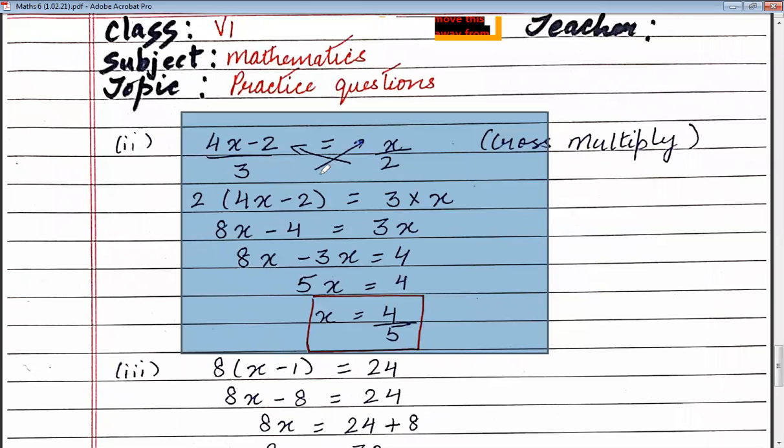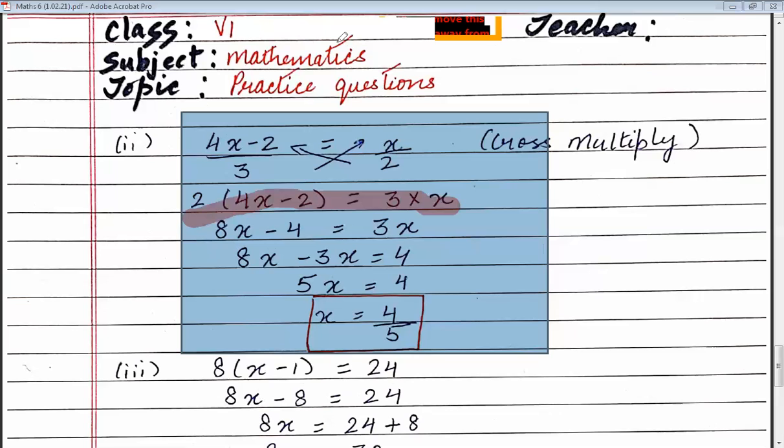Now children, first of all, we have to get rid of the fraction. So now let's do the cross multiply. So 2 will go that side and it will be multiplied there. And 3 will go on the right hand side and it will multiply the thing on the right hand side. So after multiplication, it will become 2 times 4x minus 2 is equal to 3 multiply x.